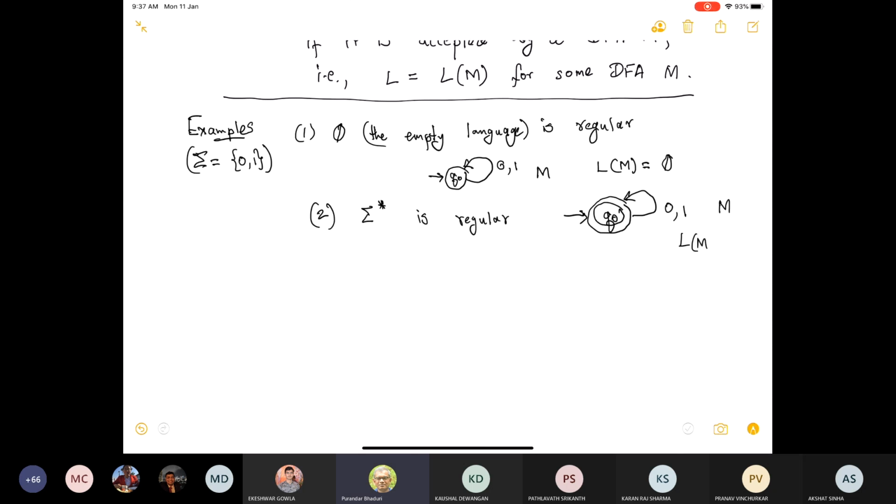So in this case, L of M is sigma star. Yeah? Any doubts?